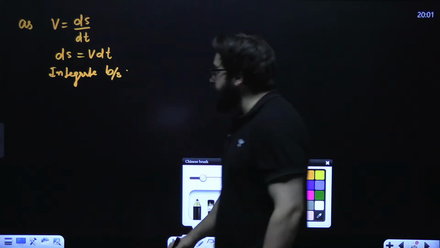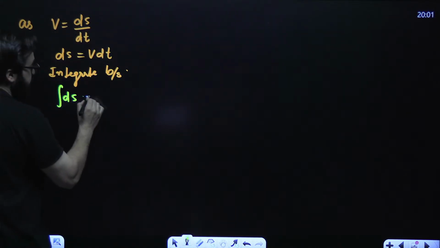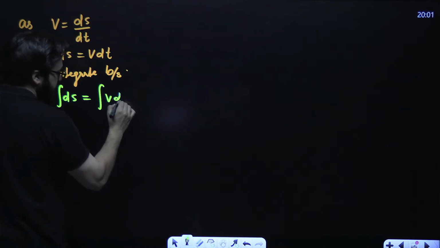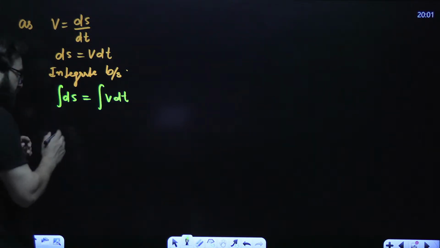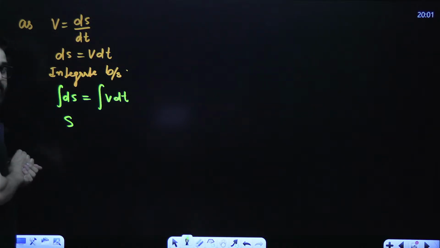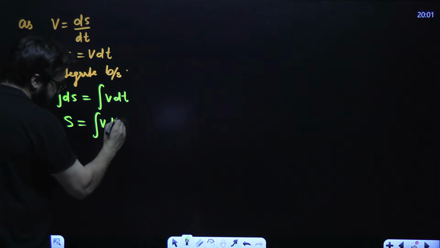Now I am saying that integrate both sides. If you do the integration on both sides, this will be integration of ds is equal to integration of v dt. Integration of ds will give you the total displacement, that is s. This will be integration of v dt.